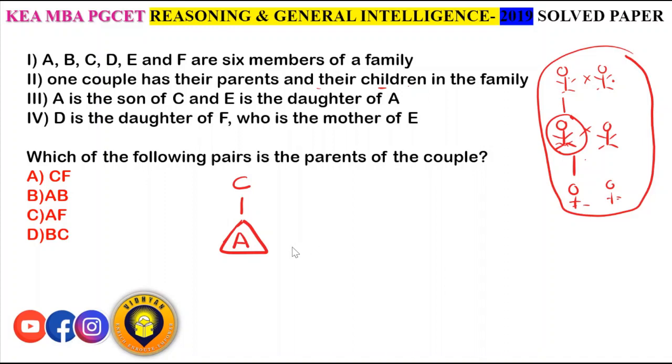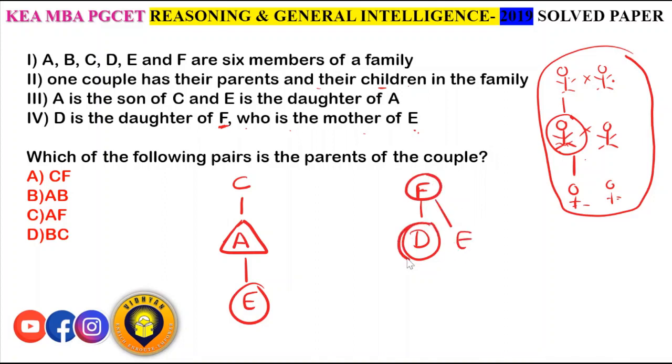And E is the daughter of A. Then D is the daughter of F. So here there is no D or F, so I'll write it separately. Later we will combine it. F is the mother of E.